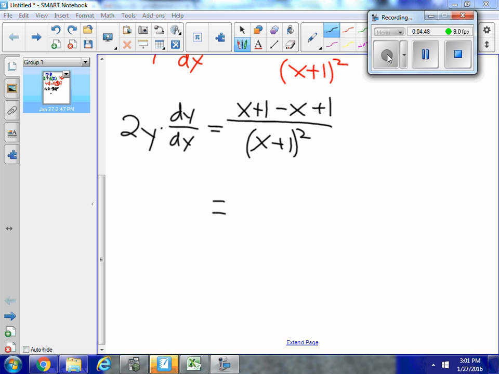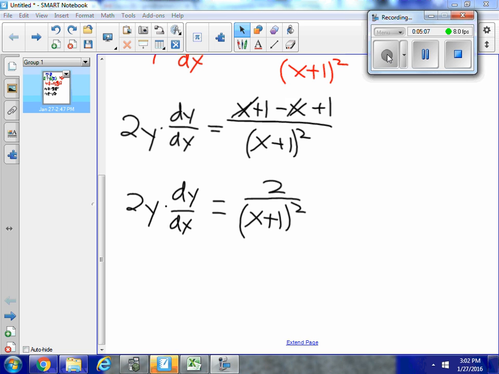So that x and that x are going to cancel out. So I have 1 plus 1, 2, divided by x plus 1 squared. And that is 2y times the derivative of y over the derivative of x.